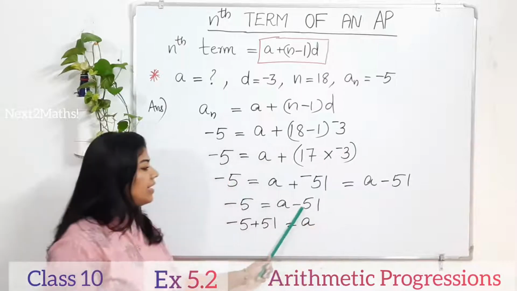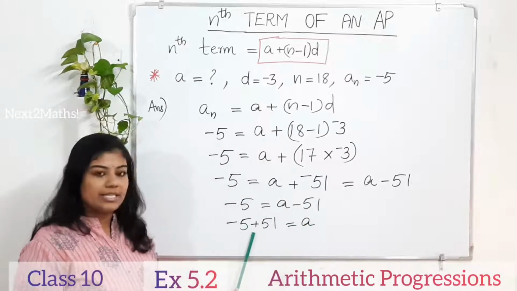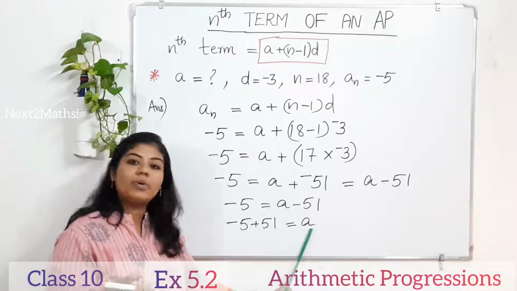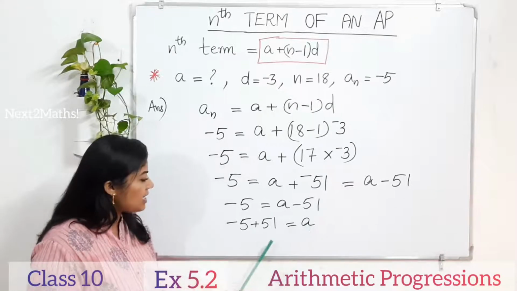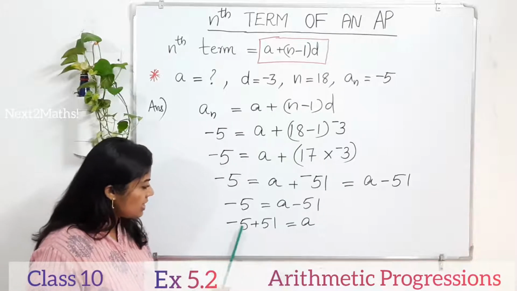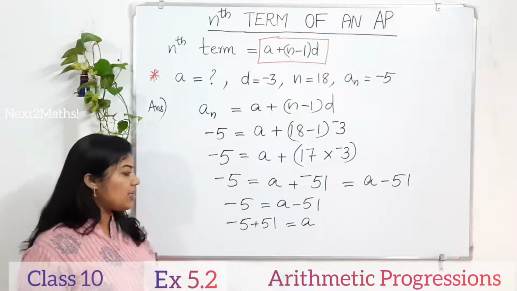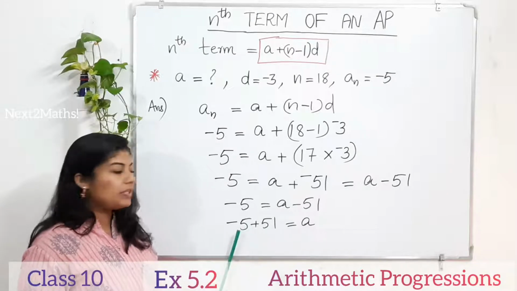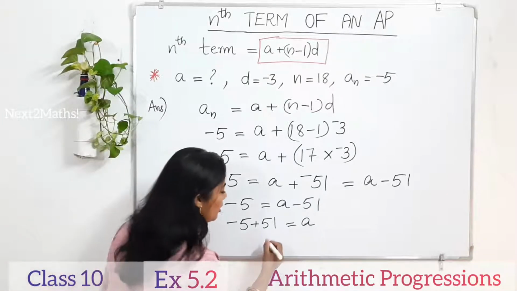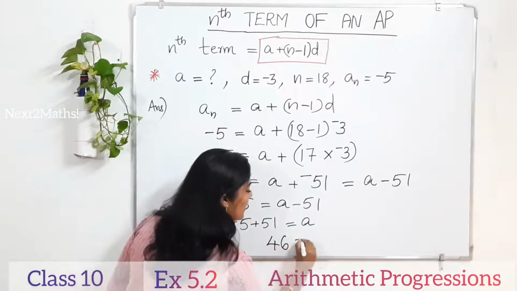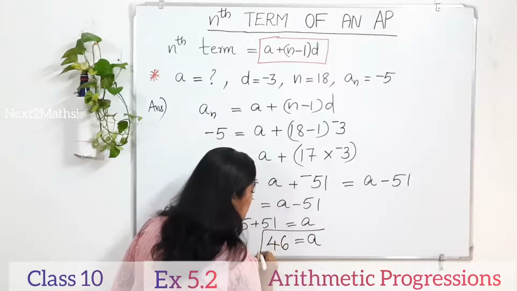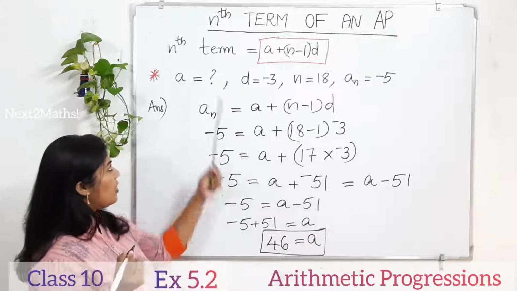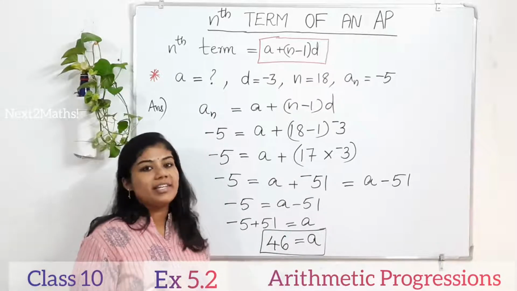One is addition and one is subtraction, so what is the answer you are getting? 51 minus 5. You will get the answer 46 equal to a. So a equal to 46. Your first term was 46.